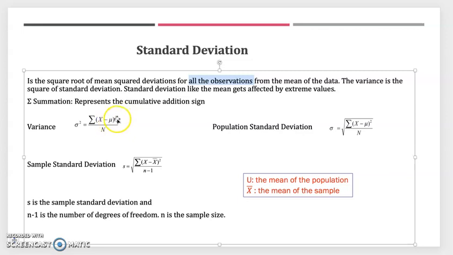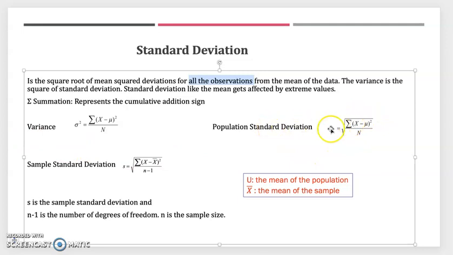After that, we get the variance. But the variance is not yet the standard deviation, because remember, you already squared. That's why we take the square root of the variance.